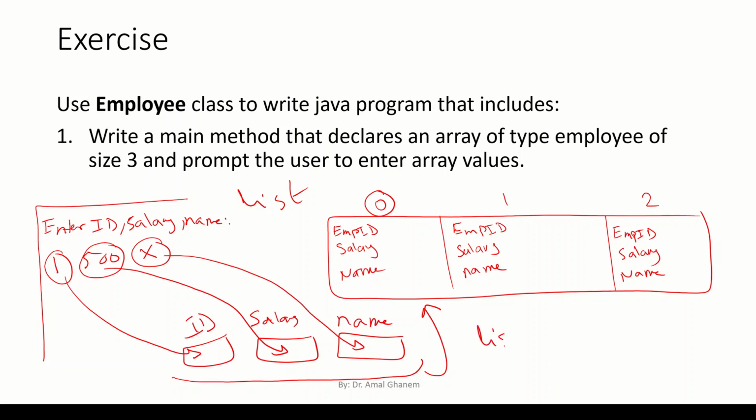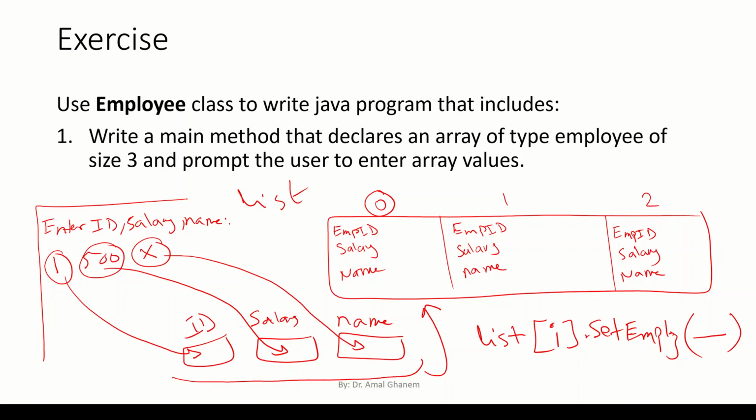That's why I have to say go to the array at location 0 dot the set method, which is called set employee, and between brackets I have to send the parameters, which is ID, name, and salary. And then I have to go to location 1, and then we have to go to location 2. That's why we had a for loop, and we have a location I, which will be moving.